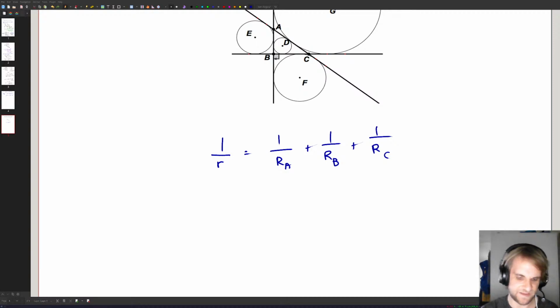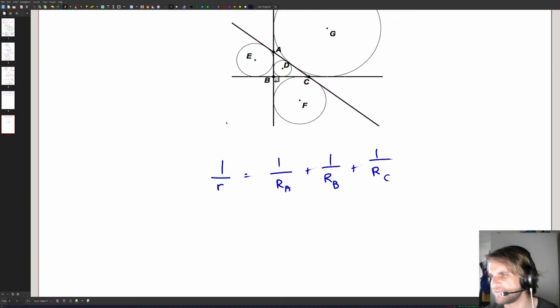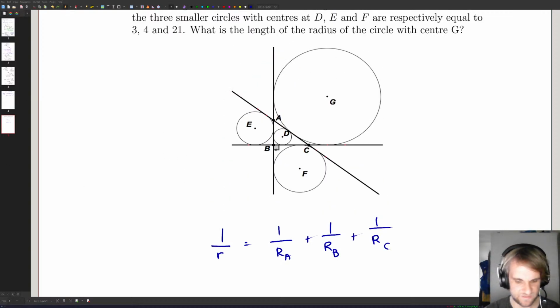But otherwise, this actually comes from considering the area of some triangles. But let's look up the inradius exradius formula, just to make sure I've got this right, and then I'll try to explain where it comes from.